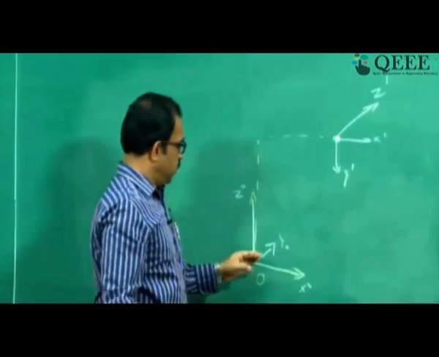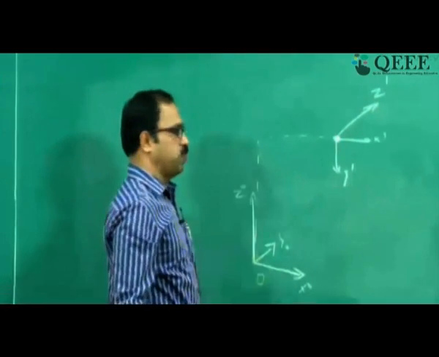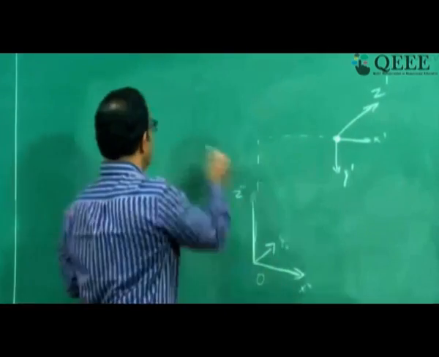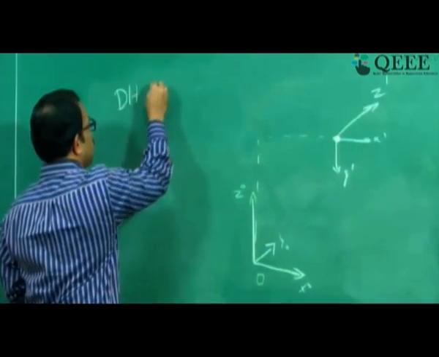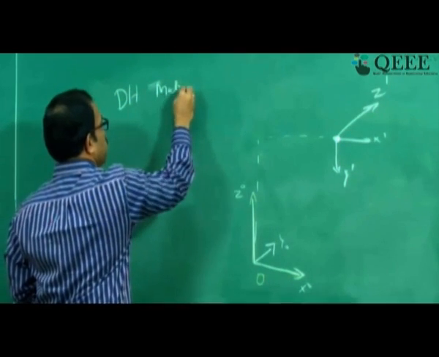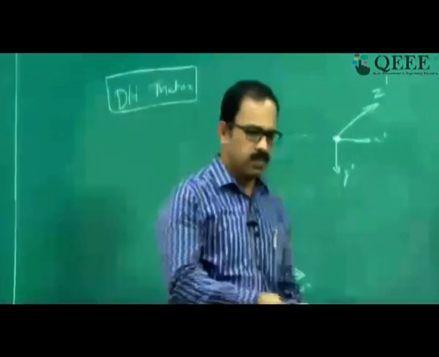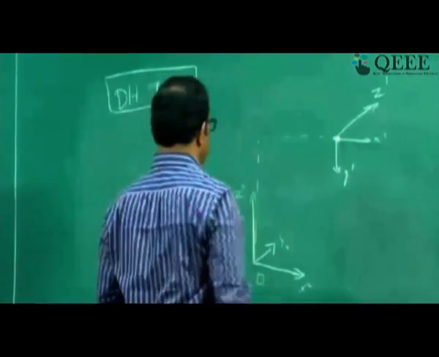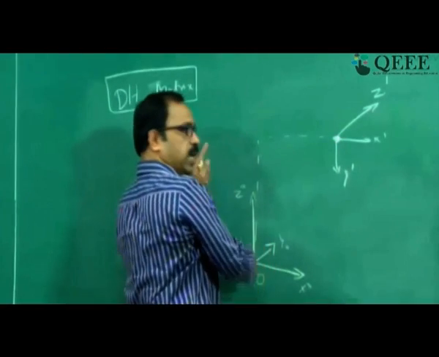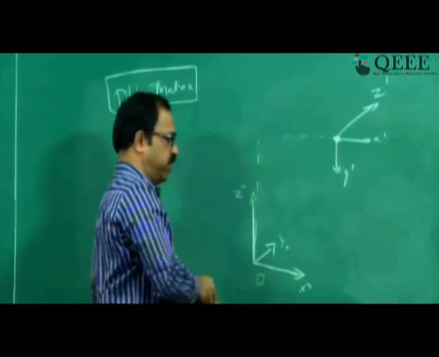This transformation of this coordinate frame to this coordinate frame can be represented using DH parameters and a matrix, and that matrix is known as the DH matrix, or the homogeneous transformation matrix, representing the transformation of two coordinate frames in terms of DH parameters. Or sometimes it is known as the ARM matrix also, which identifies a relationship between these two coordinate frames in terms of the DH parameters and shows how this coordinate frame can be mapped to this coordinate frame.